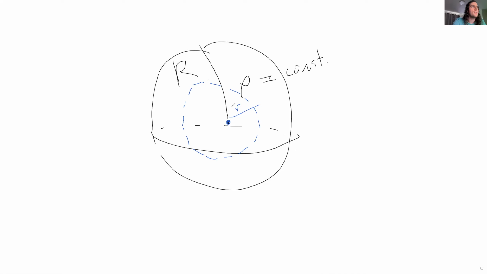And so when we draw this surface here, how much charge is enclosed inside of that surface? That's going to be given by the volume inside this surface times the charge density, which is constant. So the amount of charge inside is going to be equal to the charge density times the volume of our sphere with little radius r, so 4/3 pi r cubed.